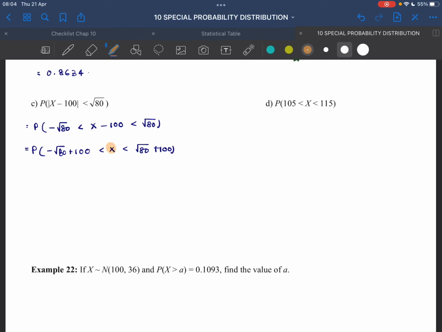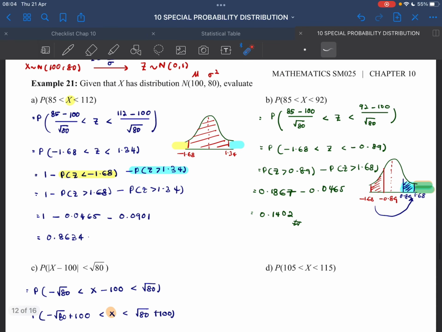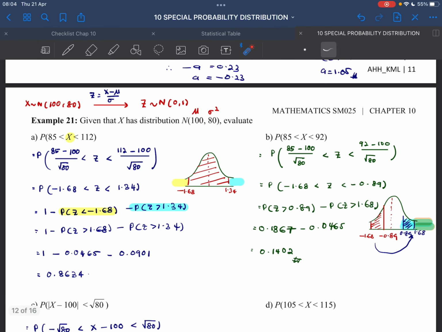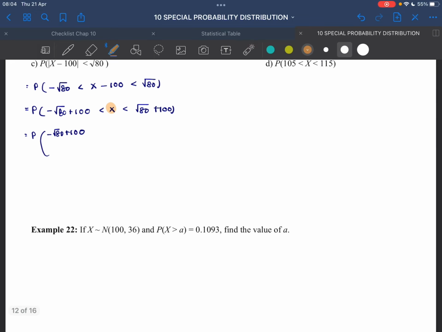This is X now. Okay, cannot look at the table yet. So we have to change to Z first. So change to Z, we have P of negative square root 80 plus 100. Your mean here is 100. Okay, so we have X minus mu over sigma. So this is your X, this is your X minus 100, this is our mu, over square root 80.